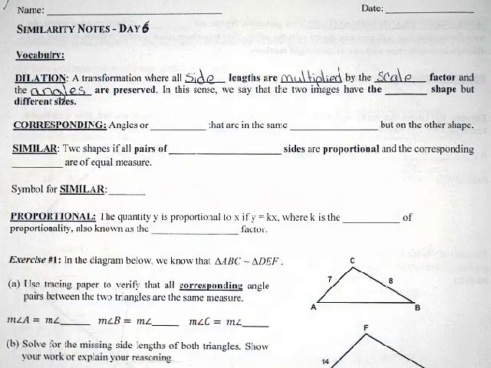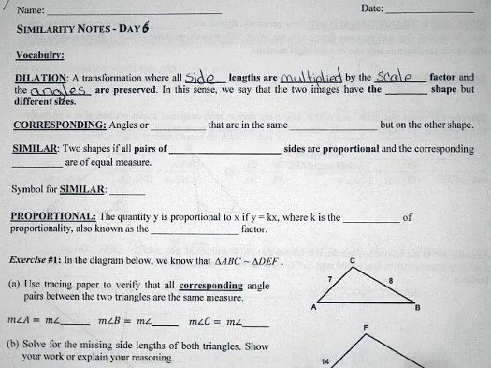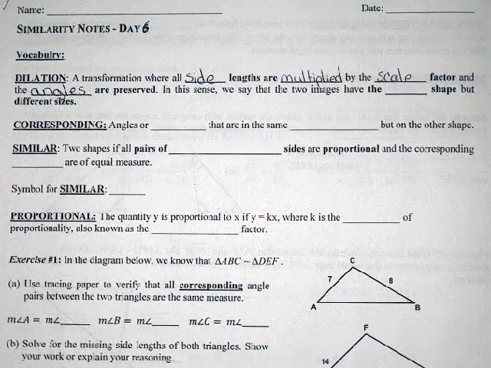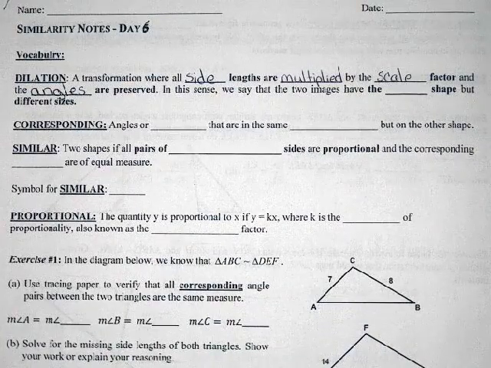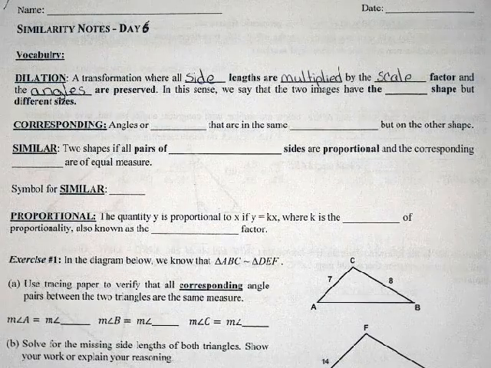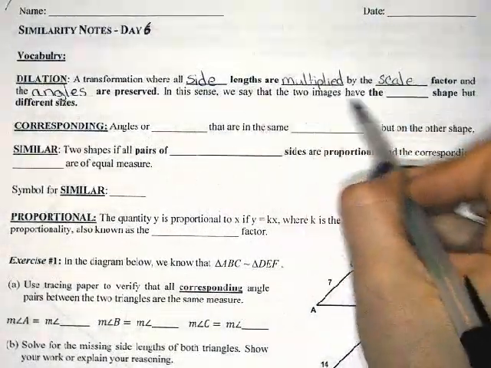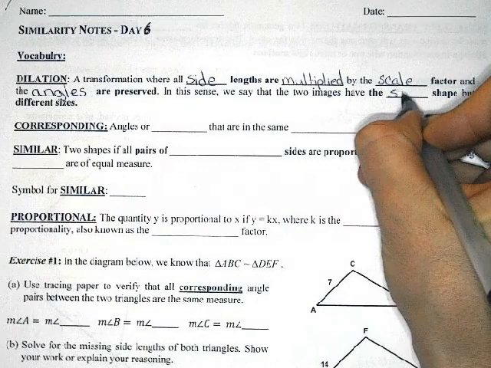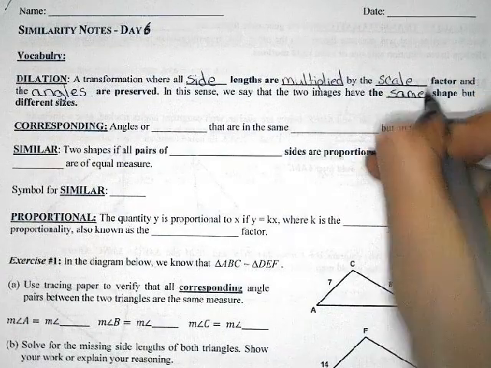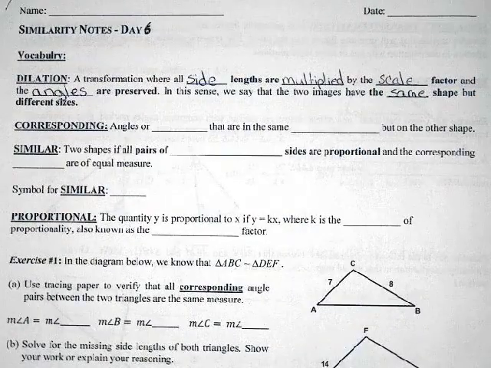What does that mean? The image is going to get bigger or smaller, but the shape does not change, nor will the angle measurements. So in a sense, we say that the two images have the same shape, but they are going to be different sizes.